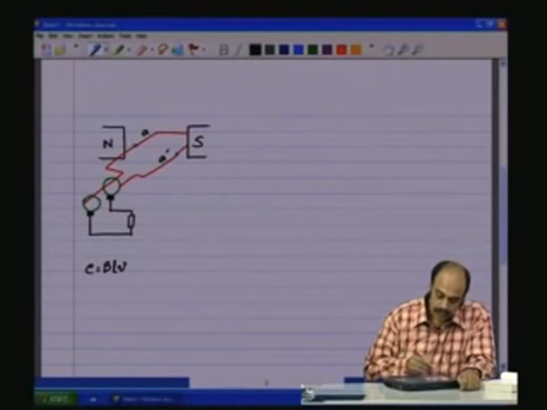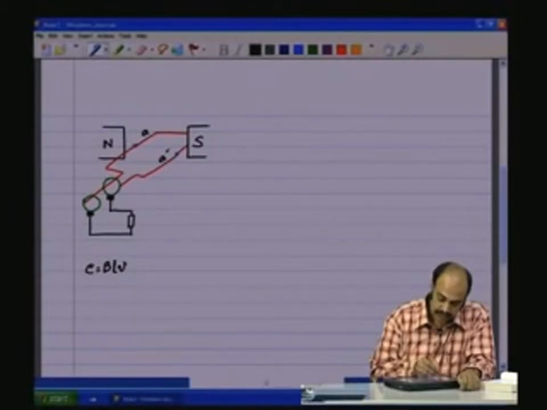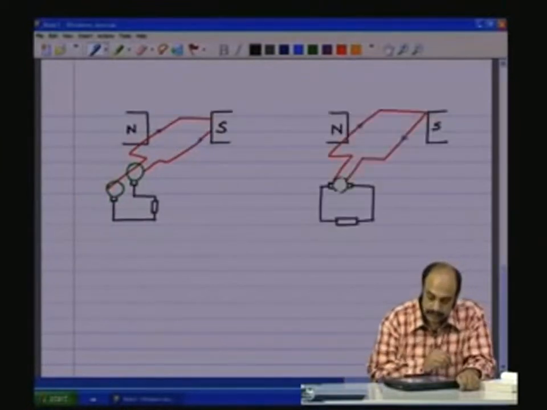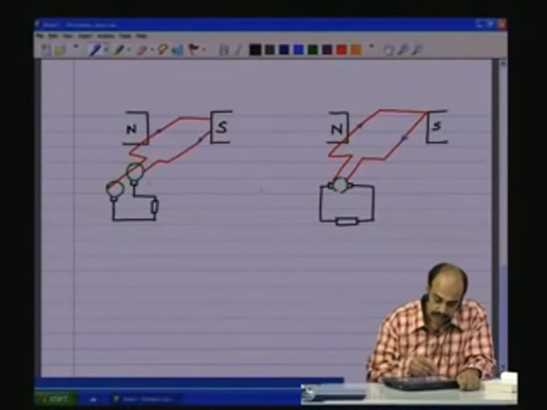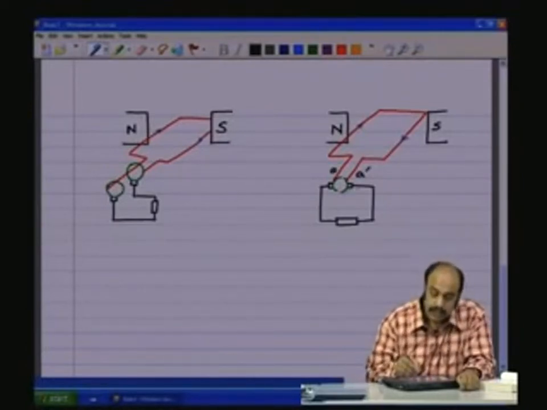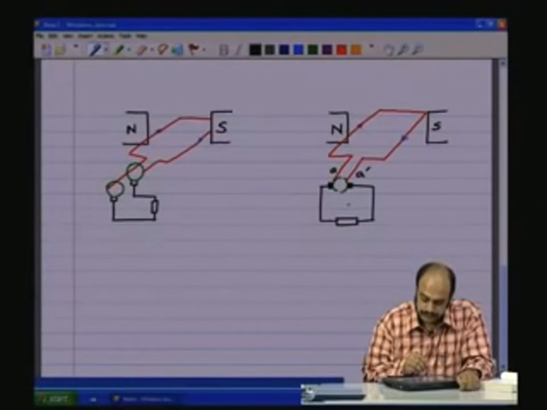And then we also saw that to rectify the waveform here, one could use split rings, as shown here. You see these rings are combined into one single ring, but it is split in between. There is no electrical contact between the A side and the A dash side of the ring. Of course, the brushes are making contact, they are fixed, and through spring contact they are going to take the current into the external circuit.